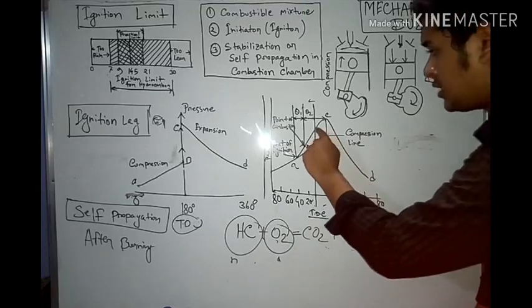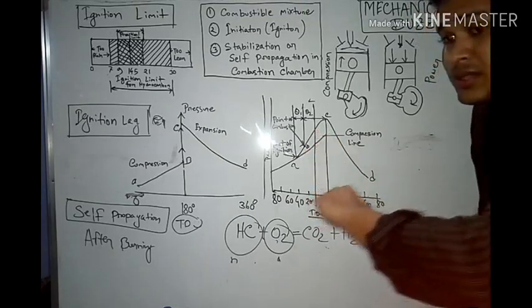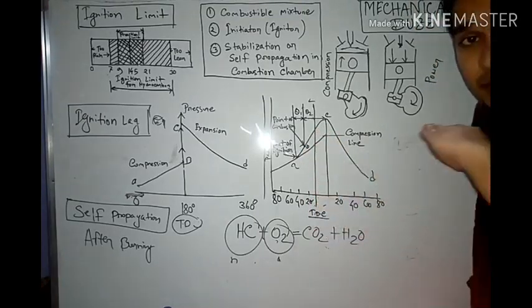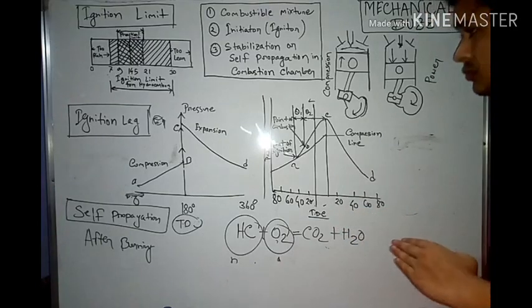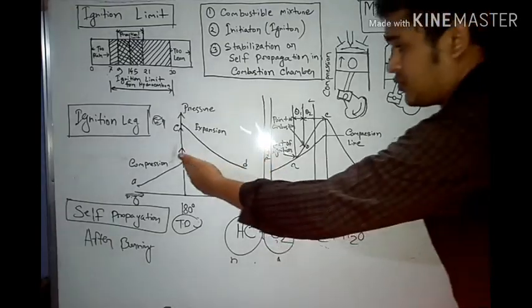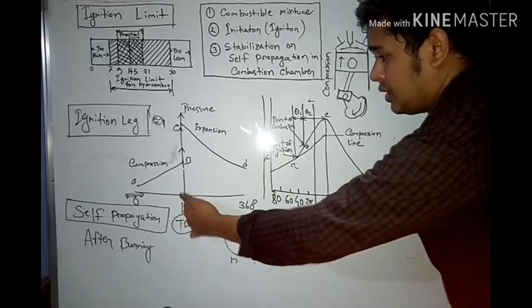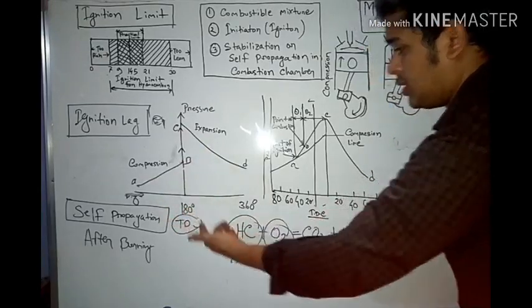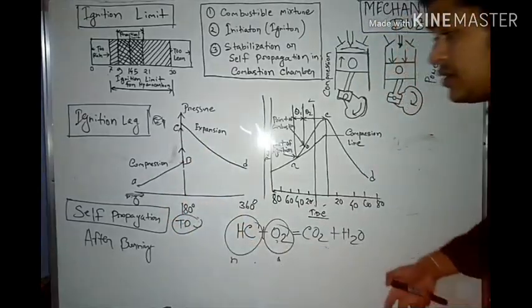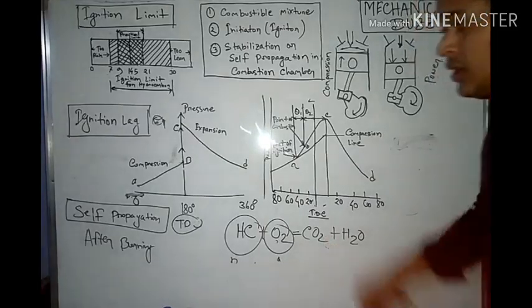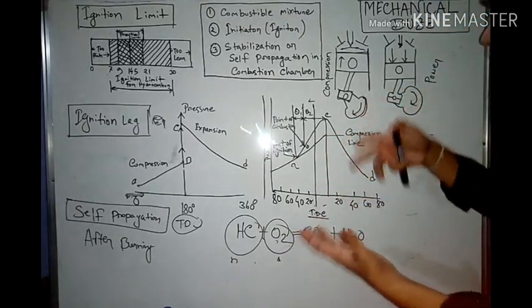That means the piston is actually moving. It's not resting at a point for some time, because we have seen in the theoretical diagram that the piston takes rest here, and that's why the volume is constant here.